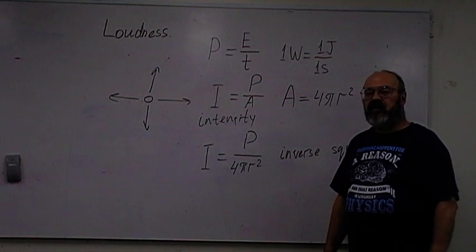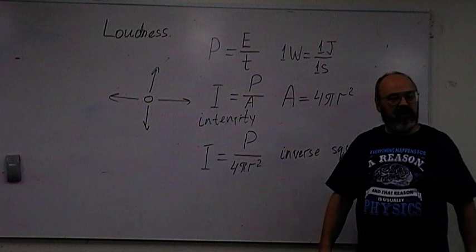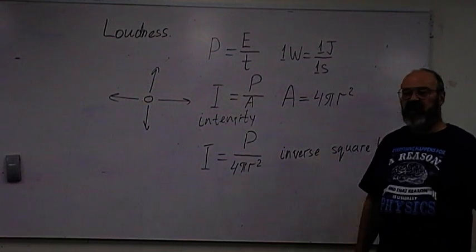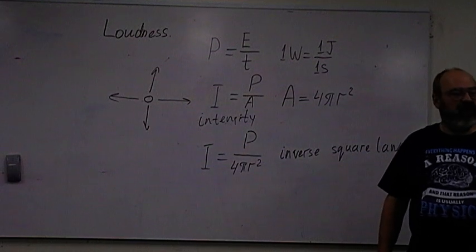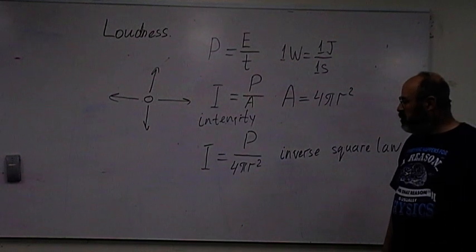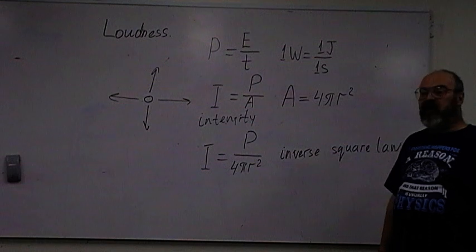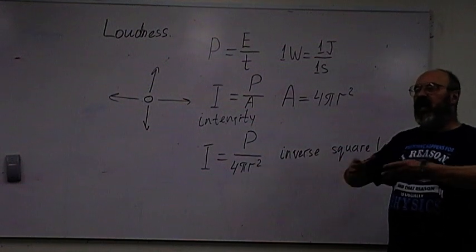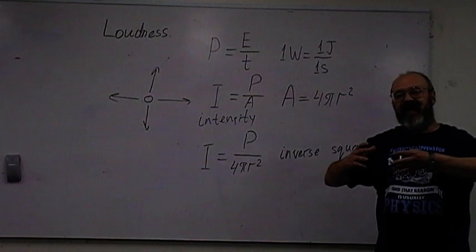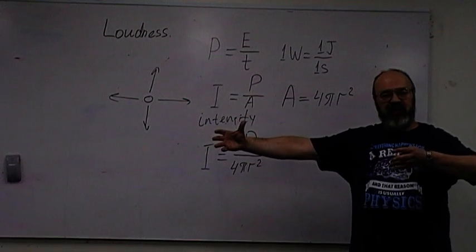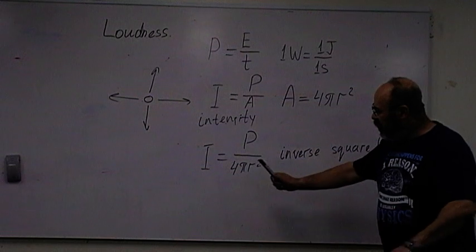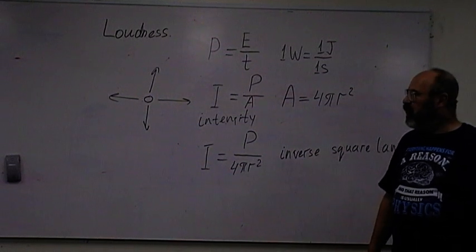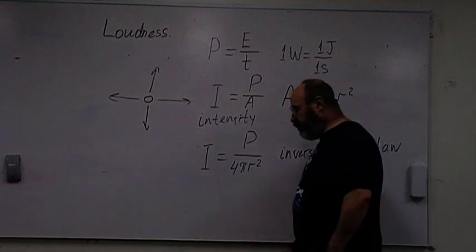For example, gravitational field, gravity, has the same kind of mathematical relationship, an inverse square law. And electric force is again an inverse square law. Often when things become weaker over distance, it depends not just on distance, but on the square of the distance.